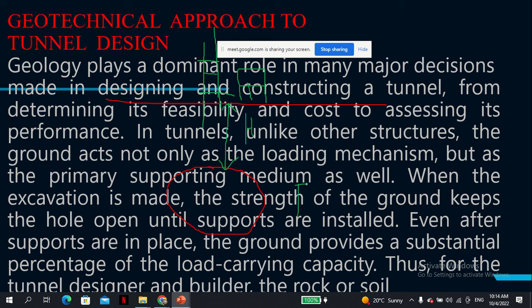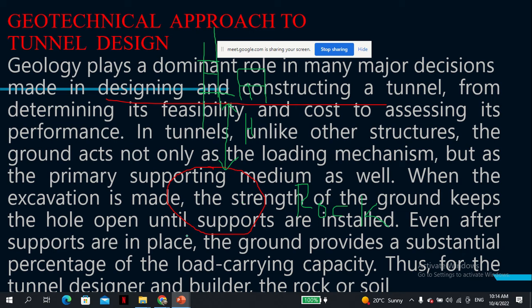So the rock is what provides the strength, and this very rock also forms part of the loading on the tunnel.